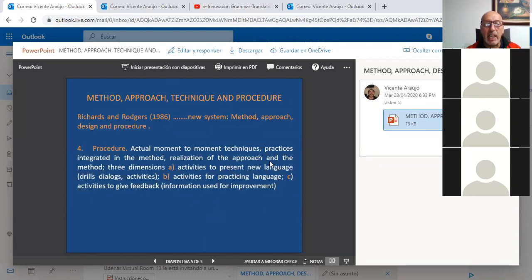Also activities for practicing language. Once you present, you usually wish your students to practice the language. So you have to select some activities to present and other activities to practice the language. They are different sometimes. And finally, activities to give feedback.